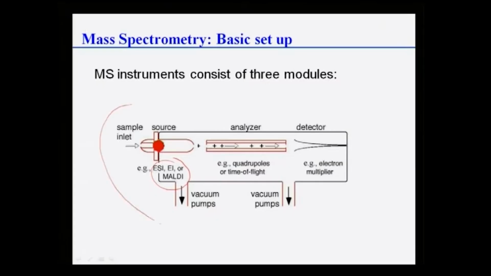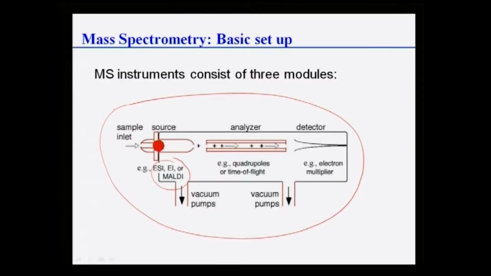or different kinds of detectors available. And this whole thing has to be evacuated, because the ions need to move forward from the source to the detector. So their movement should not be hindered by any residual gaseous molecule present in the system. So we create a vacuum of the order of 10 to the minus 9 to 10 to the minus 10 torr inside the chamber, and this all actually leads to the cost of the instrument.